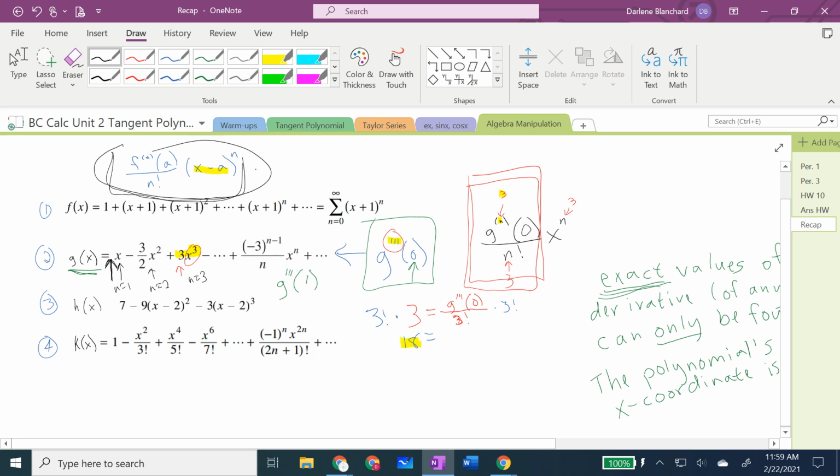The n value of the Taylor formula matches the exponent if it's specifically referring to the generic Taylor formula. So if there's no constant term given in the function, we just assume that the first one is actually n equals 1, if you're matching it with the generic Taylor formula. Okay, gotcha, thank you.